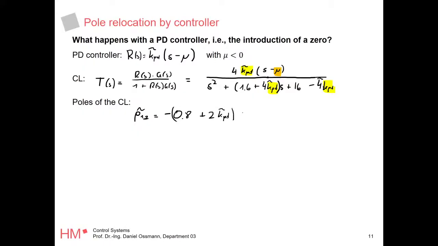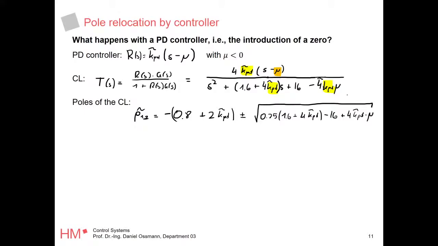There are brackets, plus, minus, and now a little bit long square root. 0.25 times 1.6 plus 4 kpd tilde minus 16 plus 4 kpd tilde and times mu. And actually there's a mu here, sorry for that.